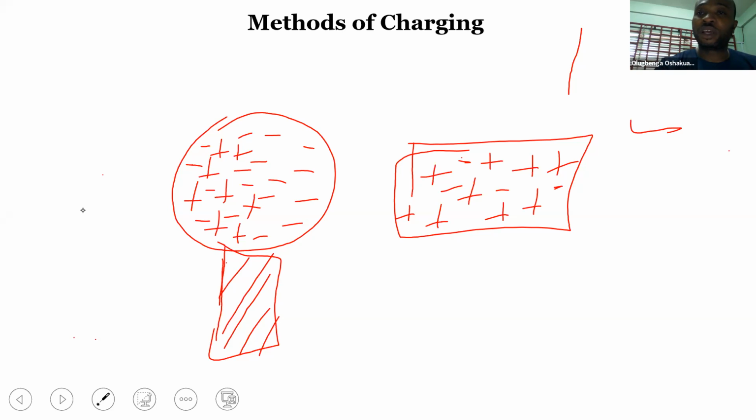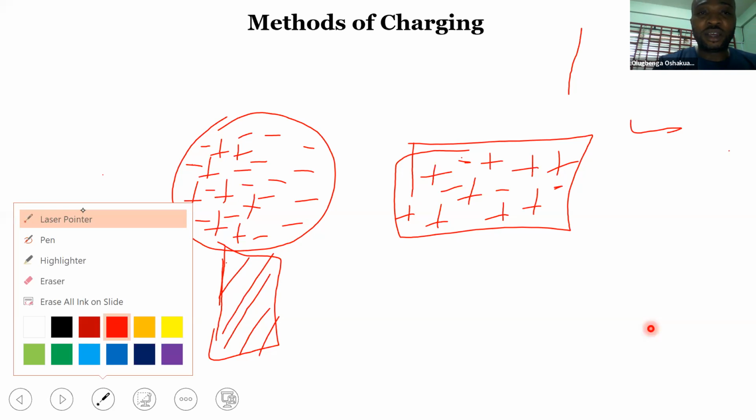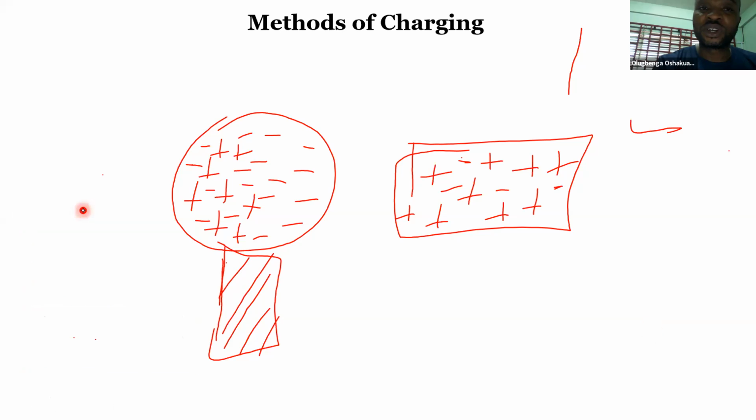Okay, so as you can see from that, electrons are the ones that flow to the ground, and electrons are still the ones that flow from the ground. When we say ground, the ground is a large body, which can be the earth itself, and it's a large reservoir of charges.